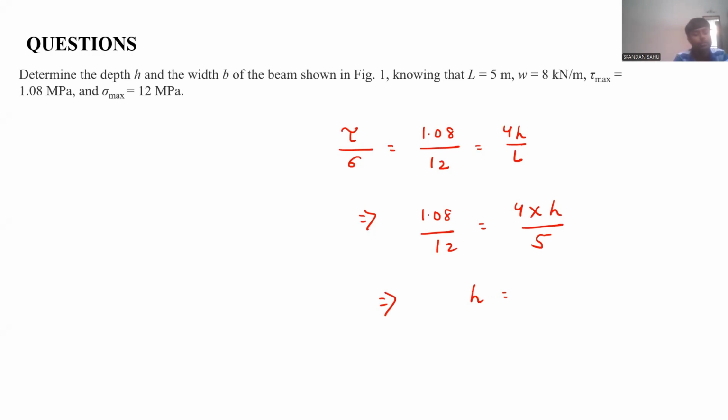Just calculate. So H we are getting 0.1125 meter.